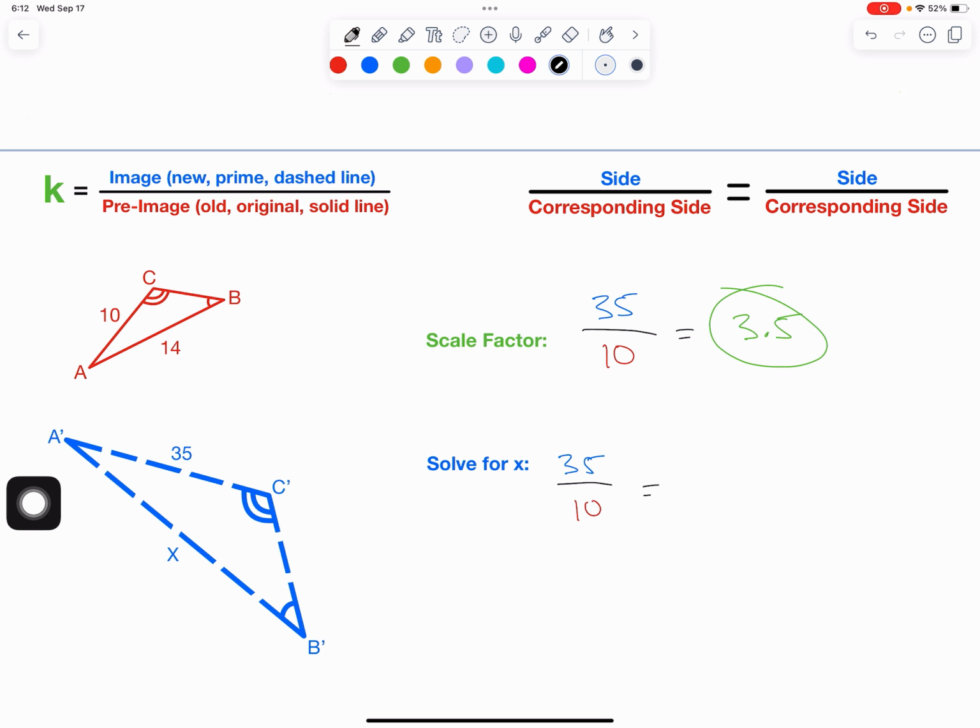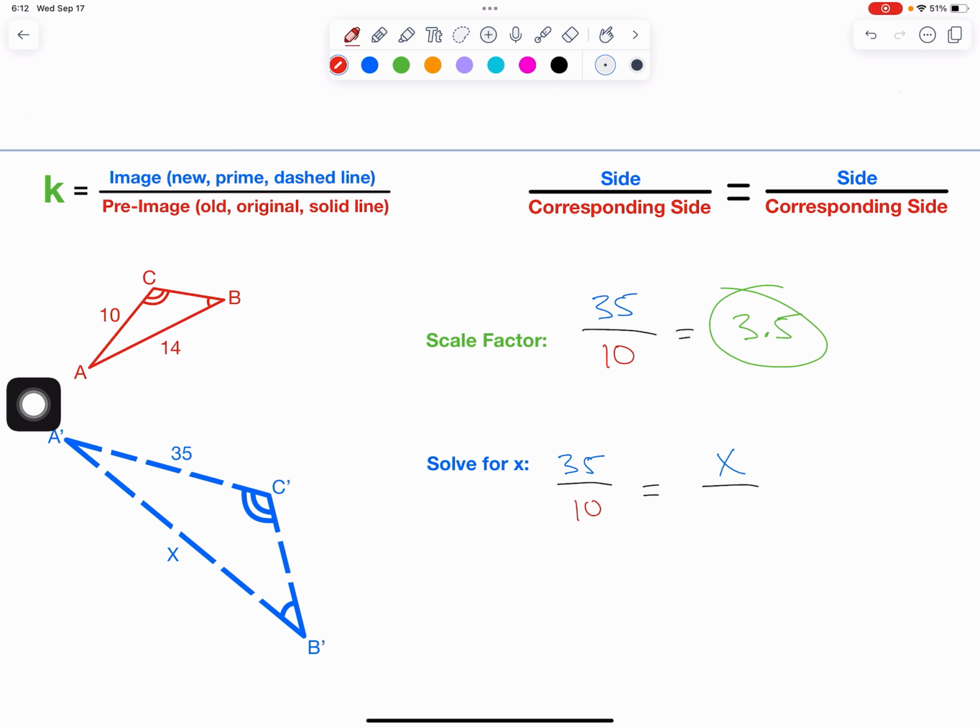Beautiful. Equals, now the reason it's blue over red equals blue over red, I want to show you that if we take the 35 and use it in the numerator, well, the other numerator has to come from that exact same triangle, which I'm just utilizing blue. So that's x, that's the other piece of information given, and we will set that over its corresponding side of, yes, 14.